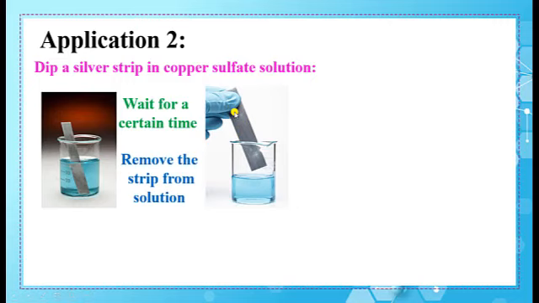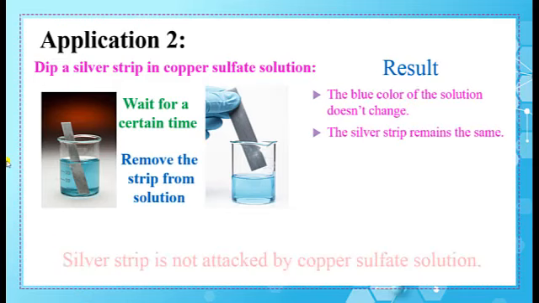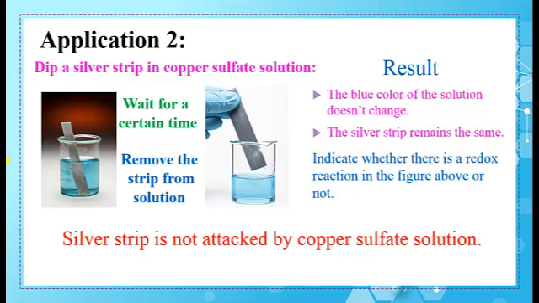The silver strip does not undergo any change. Also the color of the solution does not change. These are the results. The blue color of the solution doesn't change. The silver strip remains the same. We can say that the silver strip is not attacked by copper sulfate solution. Then no reaction takes place between silver and Cu2+ in copper sulfate.